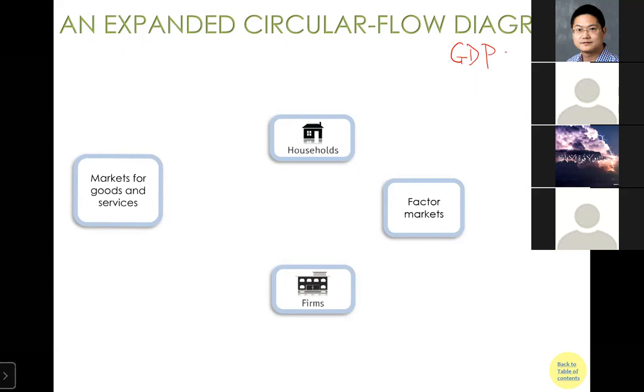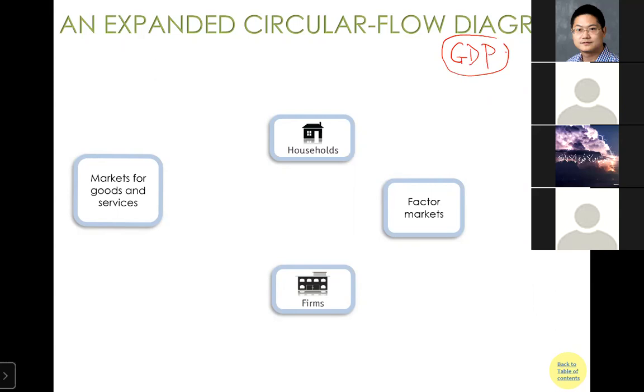But as we learned so far, the economy is so complicated, with so many different businesses and economic activities. So we must take a simplification of the real economy so that we can understand and measure it. We start from simple, right?